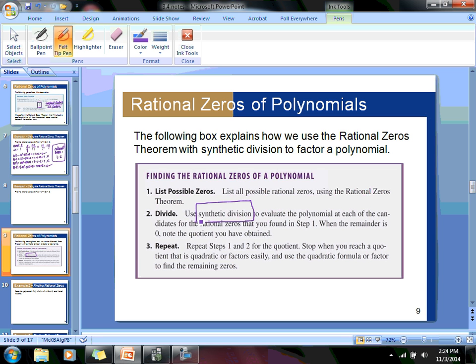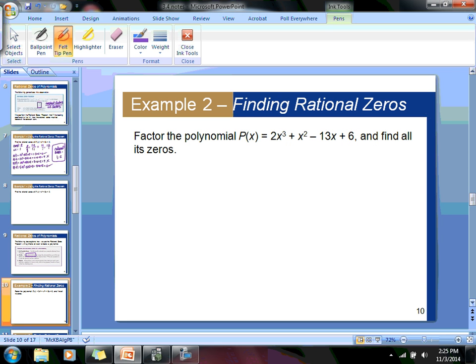If not, then we're going to repeat this process where we would list out all the possible zeros, use synthetic division to find one that is an actual rational zero of our polynomial, and then we'll get another depressed polynomial that we can divide. And if we need to repeat this process 3, 4, 8 times, we will. Most of the time, you just have to do it once, though.